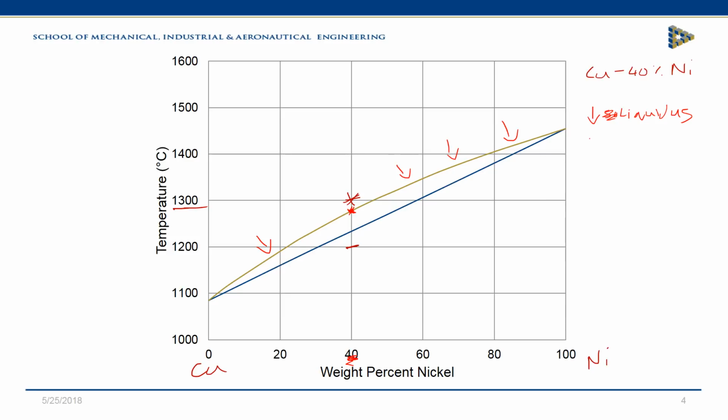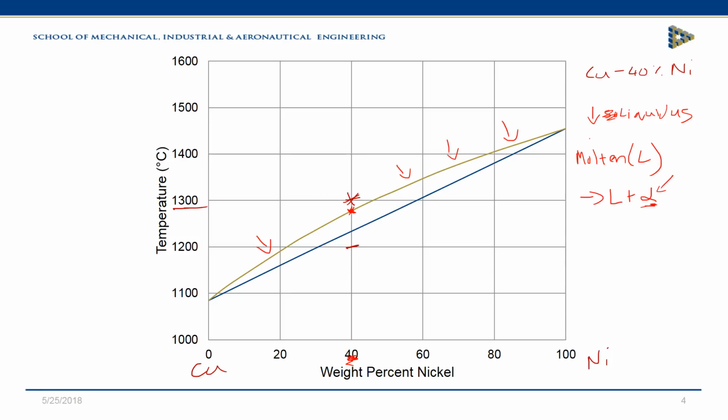By solidification, I mean I'm going from a molten metal or a liquid metal to a liquid with a little bit of solid starting to form, a small bit. Now I want to know at what temperature that small bit of solid starts to form.